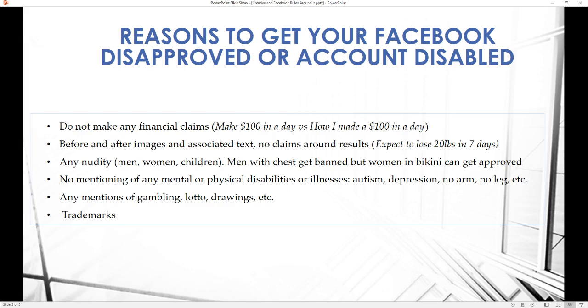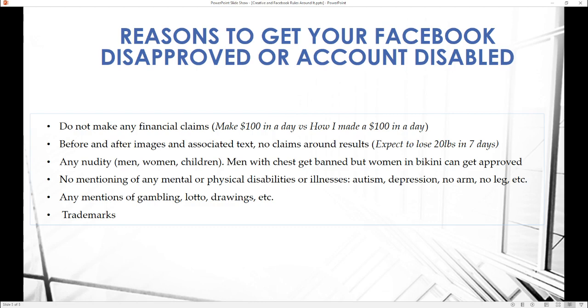So the easiest thing to do is not use the images of any naked human body, right? Even men with bare chest, they get banned, but women in bikini can get approved. Why? Does this kind of start connecting the dots? Because Facebook knows sex sells, and it knows that a lot of advertisers out there will use that argument, that pillar of marketing, that sex sells.